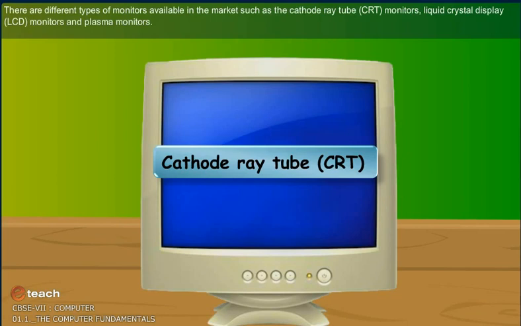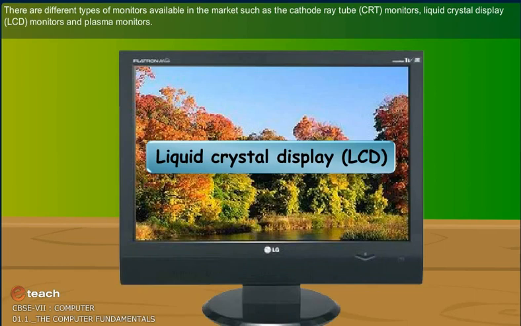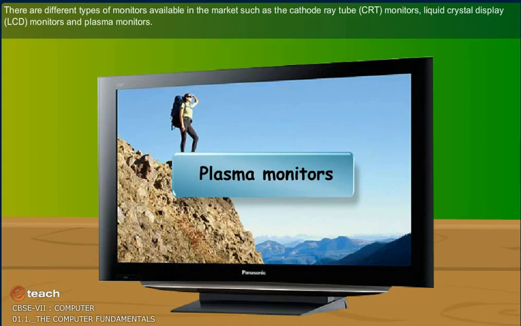There are different types of monitors available in the market, such as the cathode ray tube, that is CRT, monitors, liquid crystal display monitors, that is LCD, and plasma monitors.